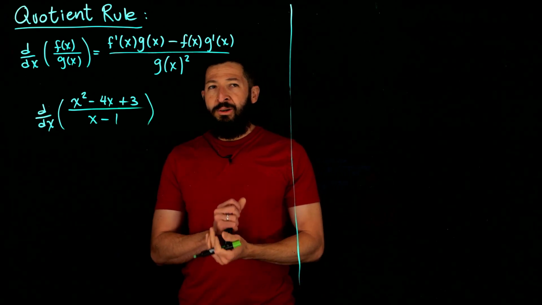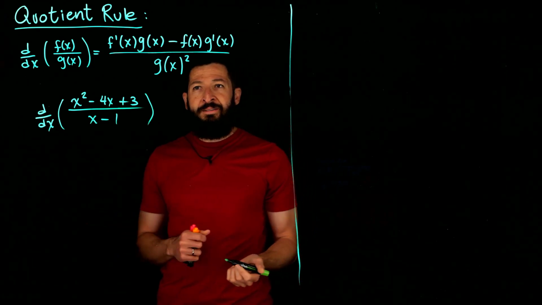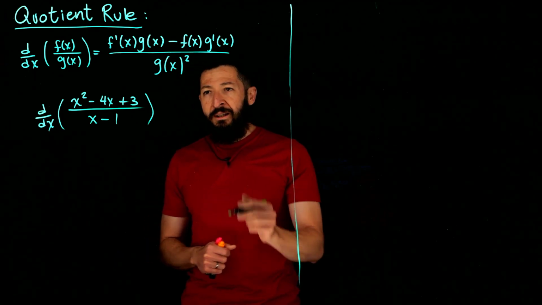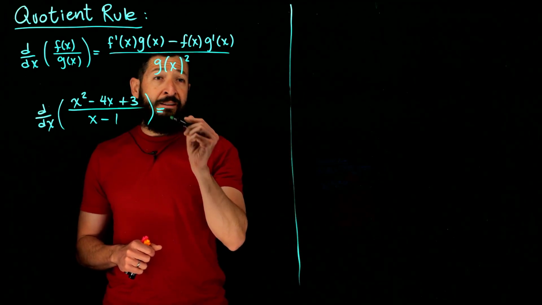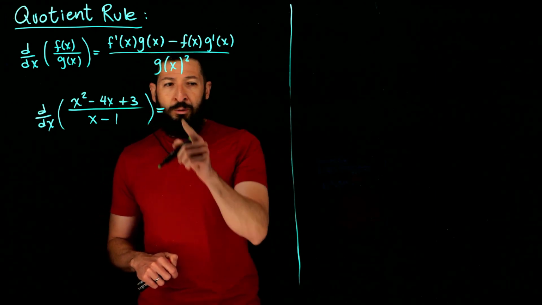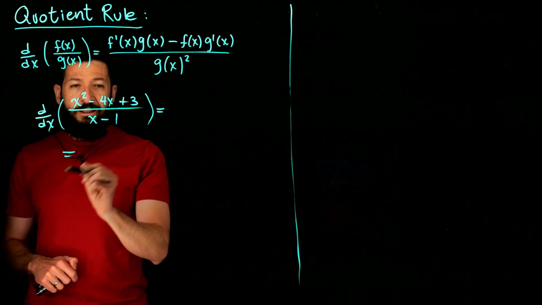If you have that situation, you may just say, okay, fine, I apply my quotient rule. Let's go ahead and do it, just because it's more practice and it's good. We may not have enough room in line, so let's write it here.